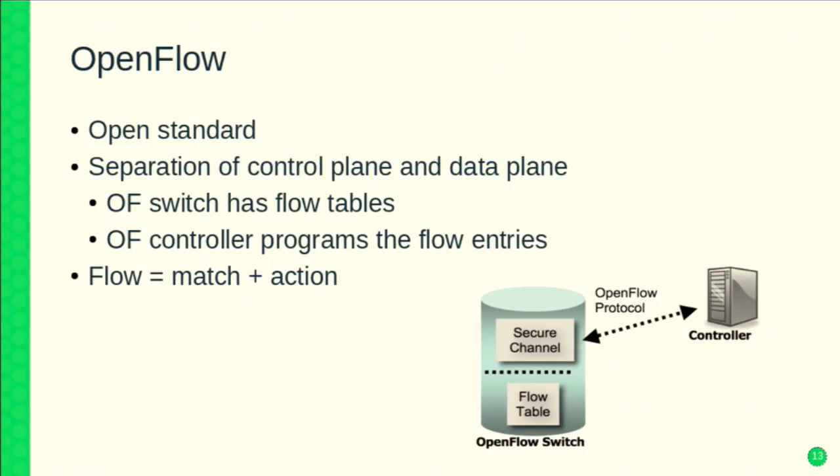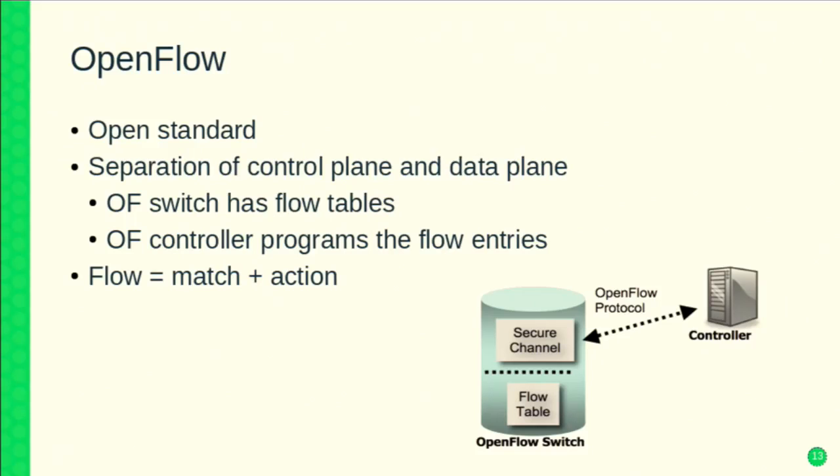This is a new concept in OpenFlow. A flow is composed of two parts, a match and an action. A match is a specific part of fields in the packet that you want to match with a specific value. And the action is the action that you want to execute when you match this packet.